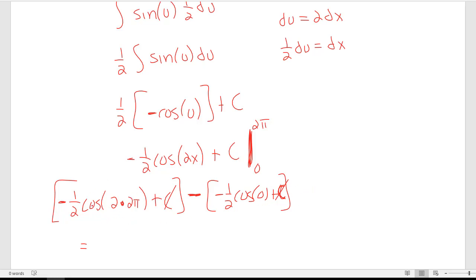I have cosine of 2 pi. Cosine of 2 pi is positive 1. I have negative half times positive 1, and then minus cosine of 0. That is also positive 1, so I get negative 1/2. I have minus negative 1/2. So I really get negative 1/2 plus 1/2, which is 0.